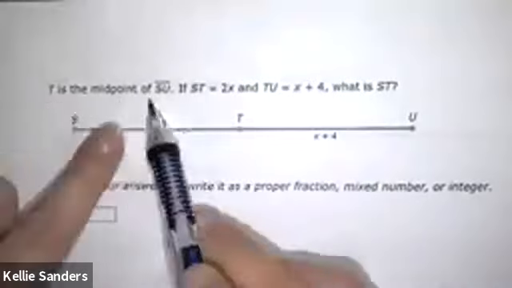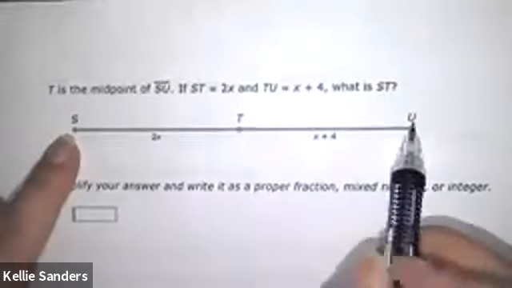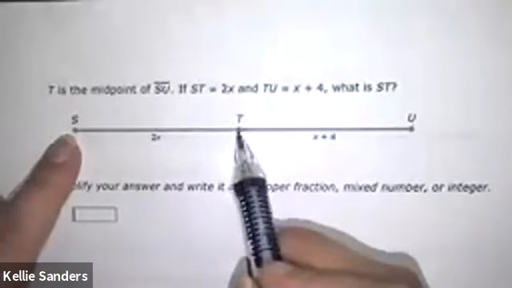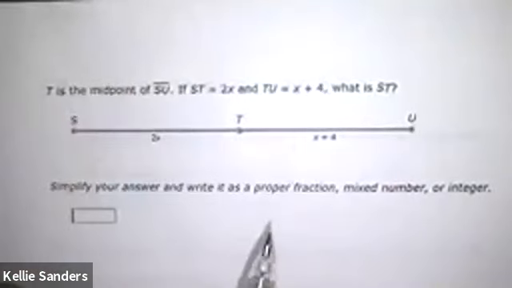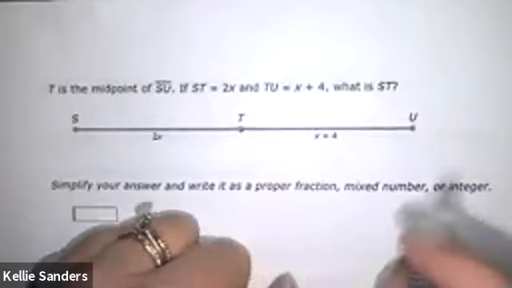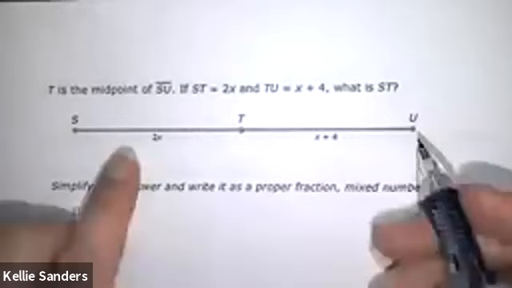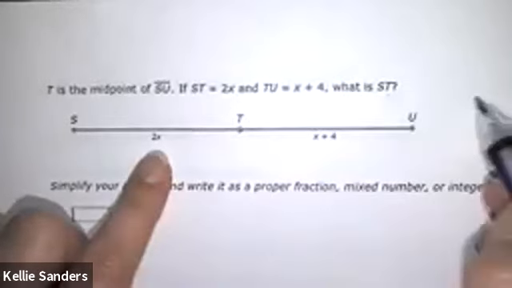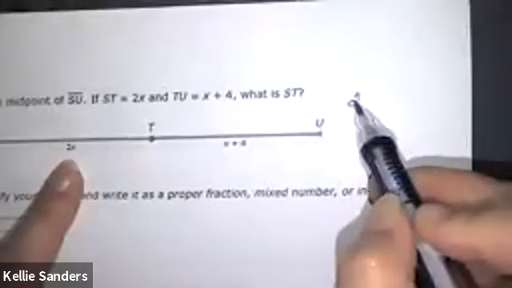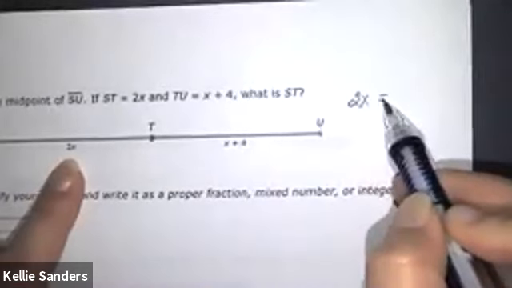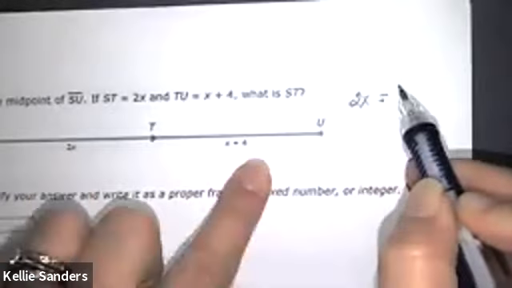So T is the midpoint of SU. T is in the middle of SU. If T is in the middle, that means this side is the same as this side. If they're the same as, then they are equal. So our equation is going to be 2x equals 1x plus 4.